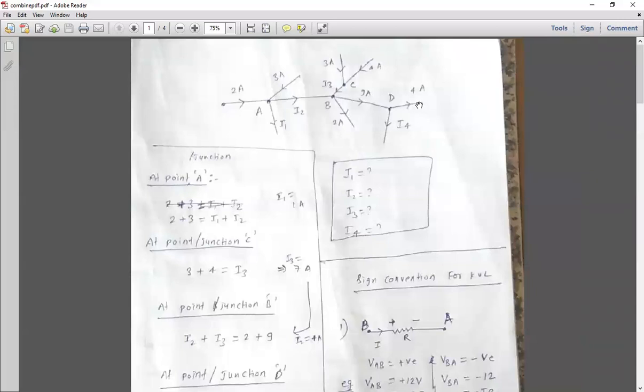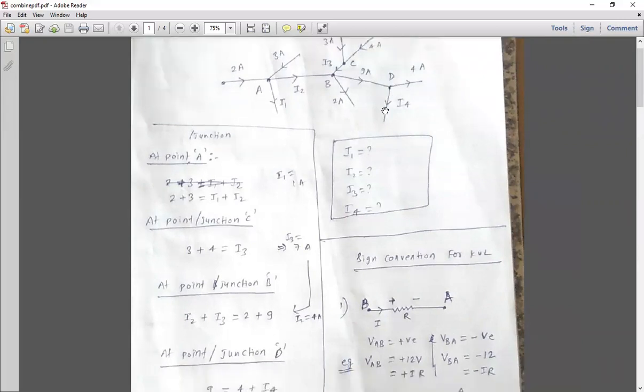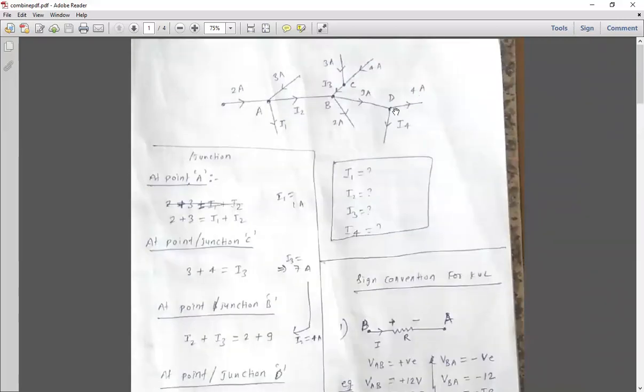Let's see D. At D, current 4 ampere and current I4 are flowing away from the junction, and current 9 ampere is flowing toward the junction.